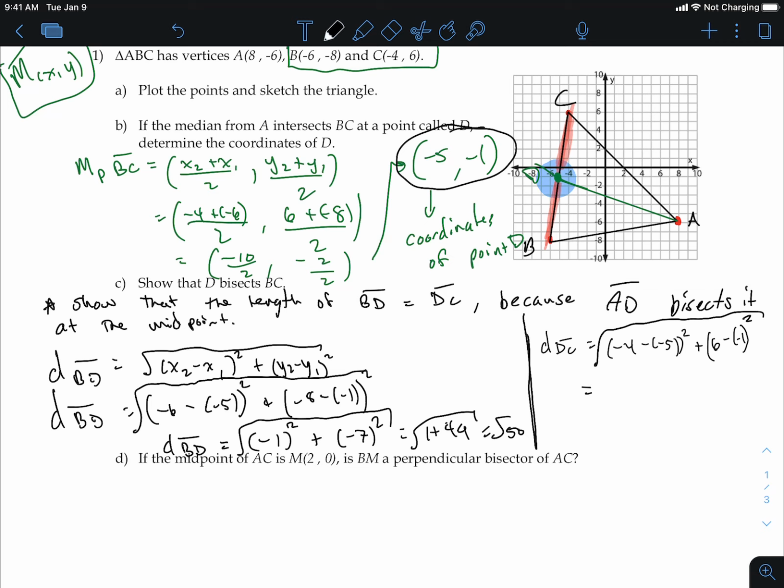So what are we going to get? -4 minus -5 is 1 squared, plus 6 minus -1 is 7 squared. So I get the root of 1 plus 49, which is equal to root 50.